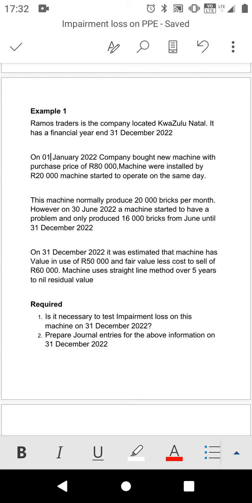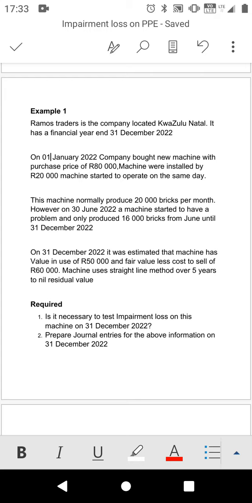Alright, on 31 December 2022, it was estimated that the machine has value in use of 50,000 and fair value less cost to sell of 60,000. Then in this paragraph, they didn't give us recoverable amount, but they give us true amount, which if you know the principle, you will be able to calculate what? Recoverable amount.